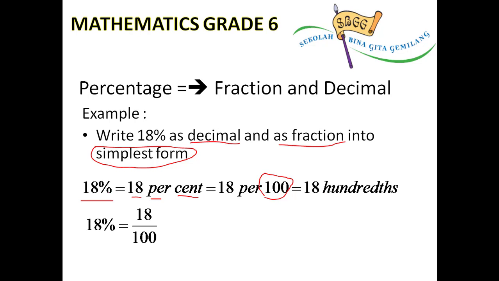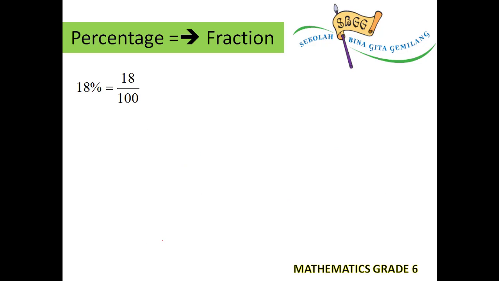So we'll write here 18% is equal to 18 out of 100 or 18 per 100. So we will discuss now how to convert percentage to fraction. We'll make it one by one.